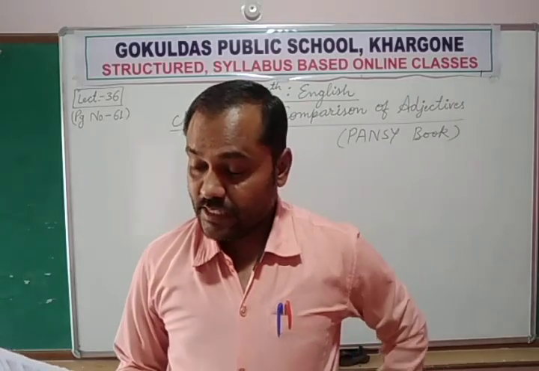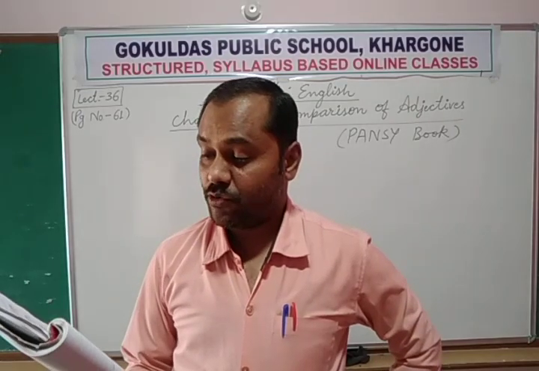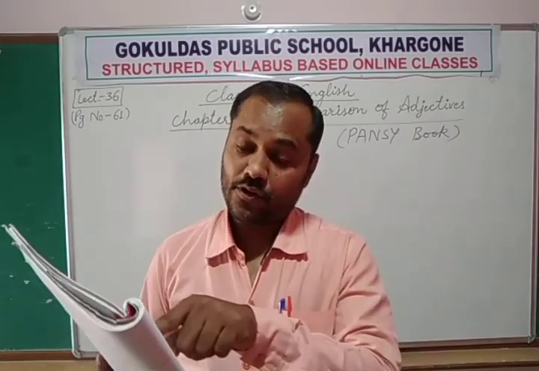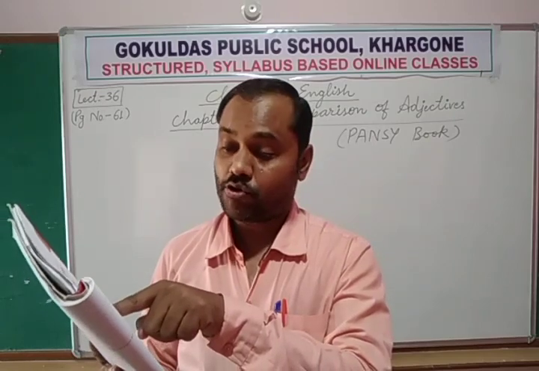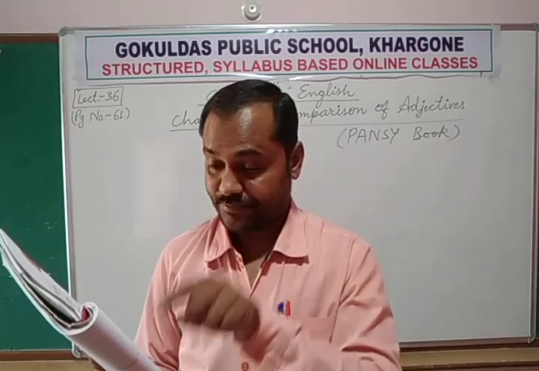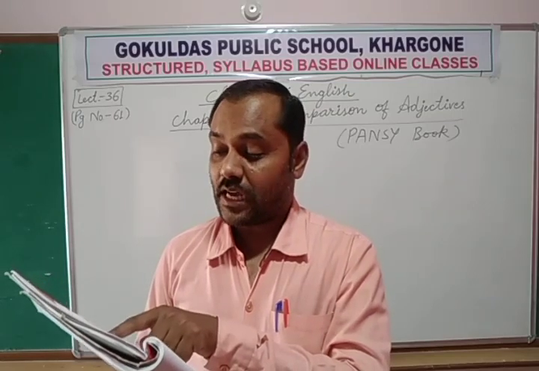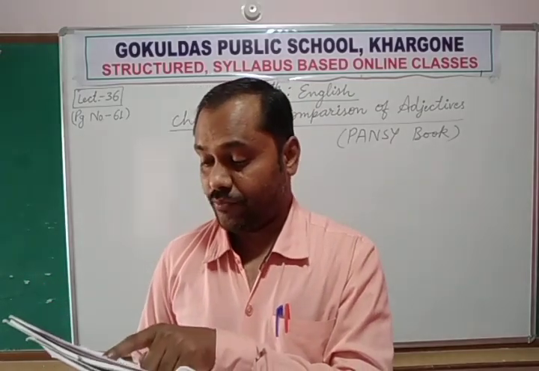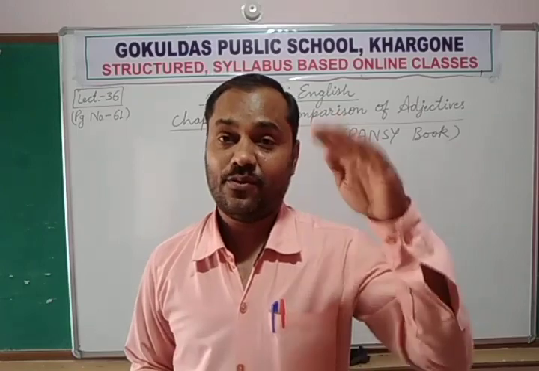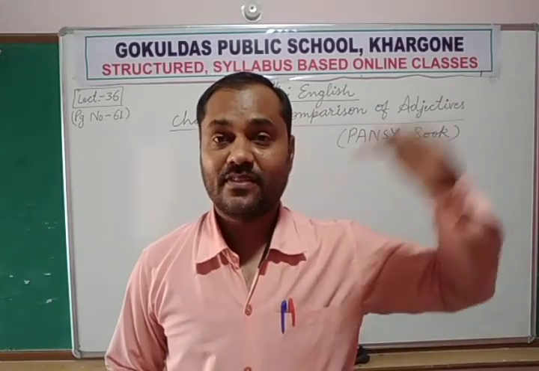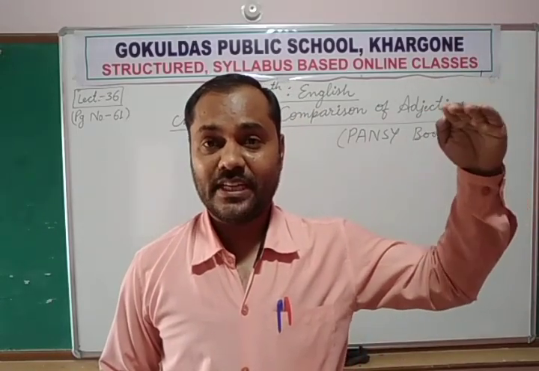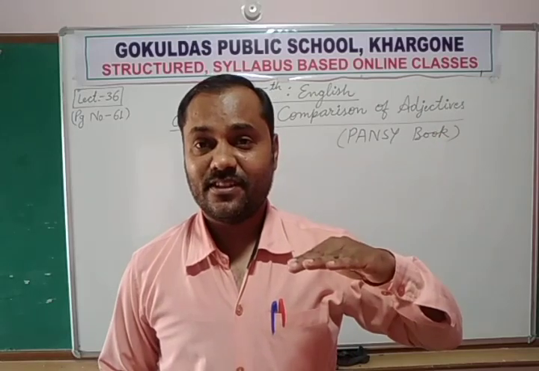Second, in the second sentence, the adjective taller. Mohan is taller than Ravi. The adjective taller indicates comparison between Ravi and Mohan. Here we are comparing these two boys. Mohan is taller than Ravi.